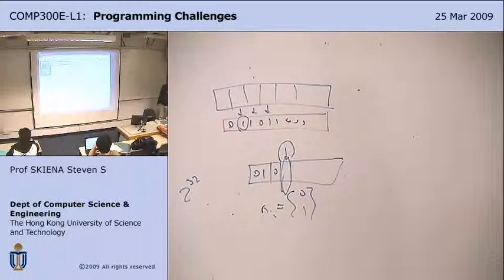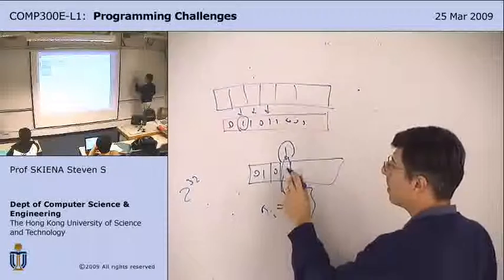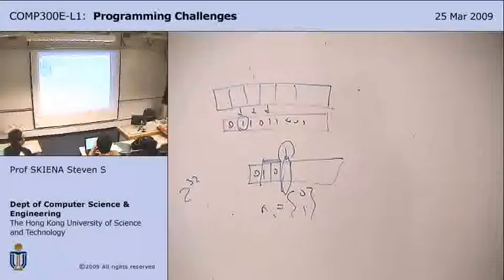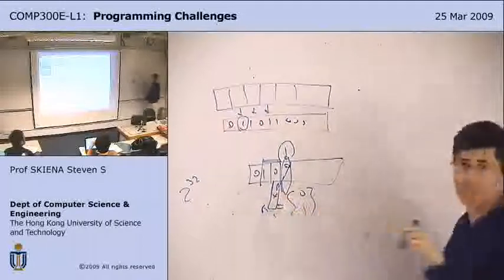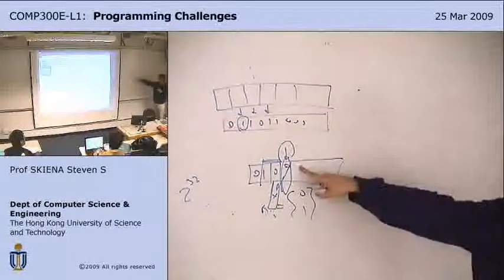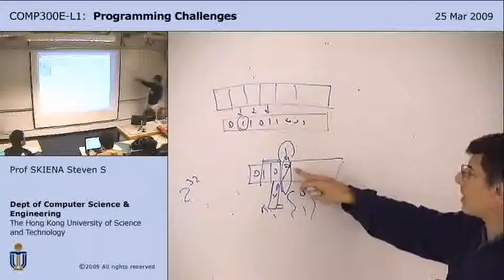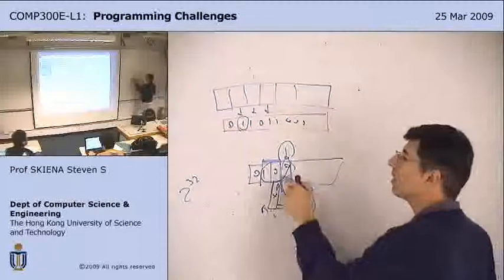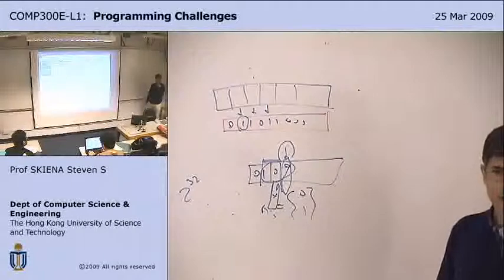Well, I claim that if I have the previous 2 positions, putting down a 0 is going to decide what the value of this is going to be. Does everybody agree with that? So this rule is either going to be true or false. My choice of a 0 or a 1 here. I can only have a 0 if the rule here generates the proper thing. Does everybody see what I'm doing here?